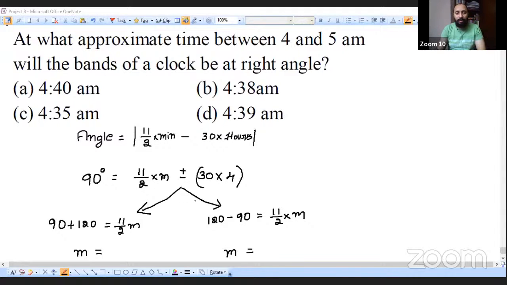Diksha, which one? Left or right? When I add or when I subtract? When you add 120, you're getting 38. When I subtract, how much am I getting, ma'am? So 38 is the direct answer.